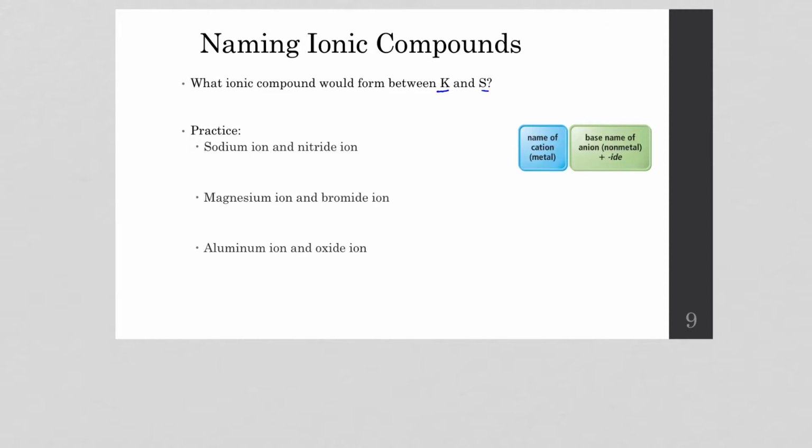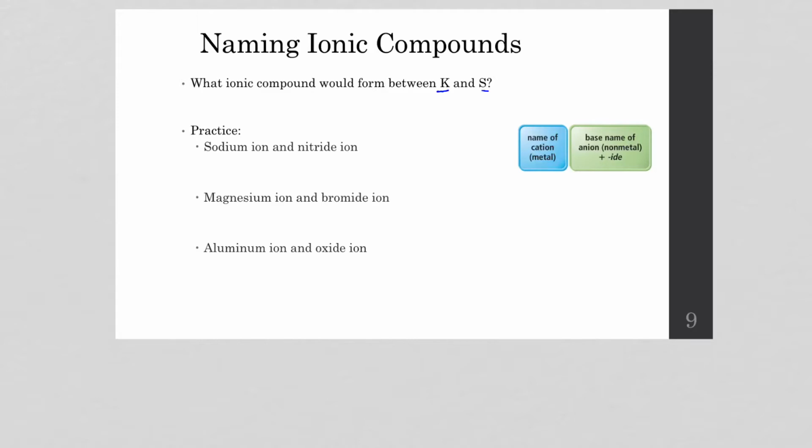So to form an ionic compound, we have to know what ions these are going to form. And this is where we go back to some things we talked about in Chapter 2, where based on the location in the periodic table, we can predict what type of ions certain groups of elements are going to form, because their goal is to lose or gain electrons to become like a noble gas.